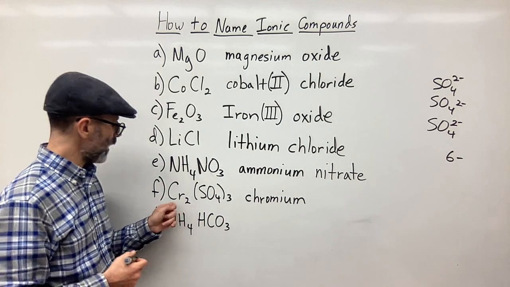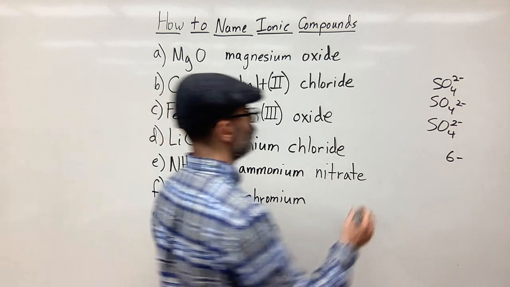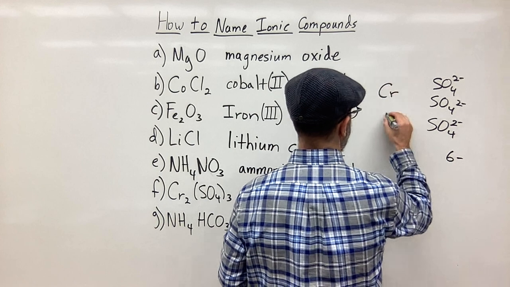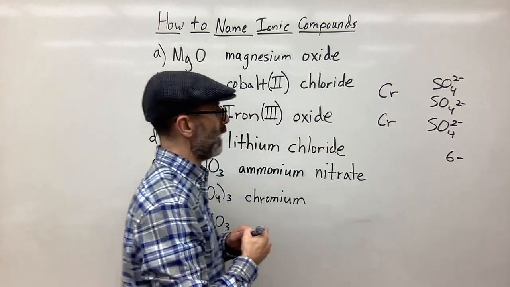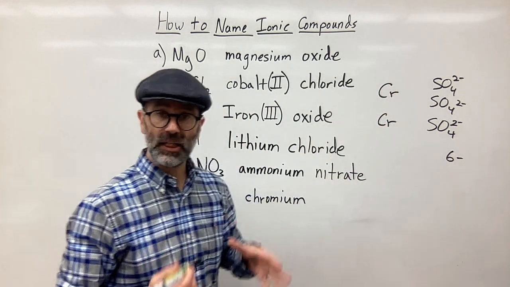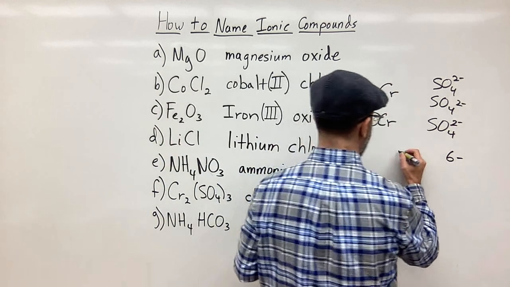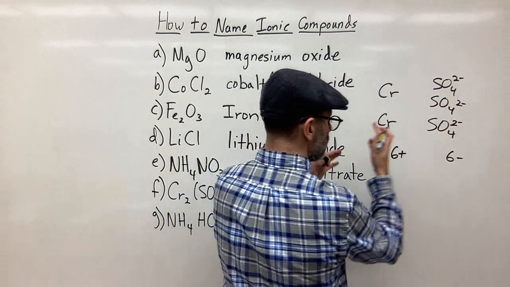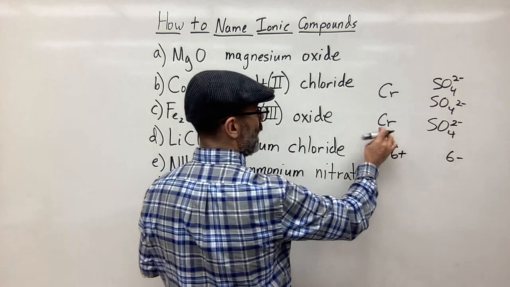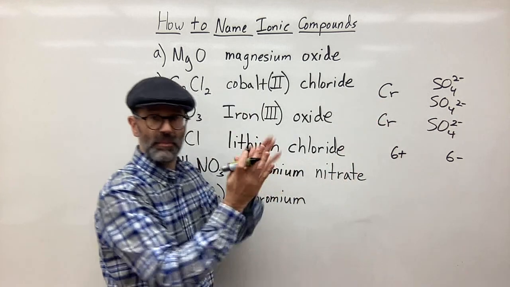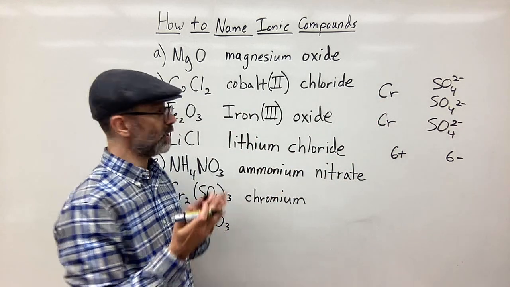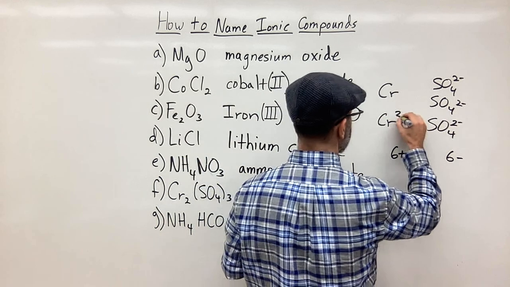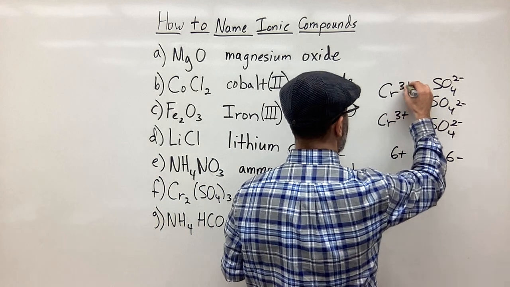And if you look here, I have 2 chromiums. So I have Cr and Cr. That means that, again, there must be a balanced charge. And so I have a 6+ charge total to balance out. So that means that each chromium, if I divide up the charge amongst the two, then they should have a 3+ charge on both.